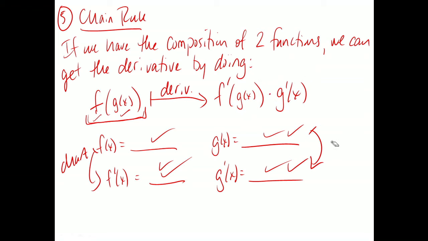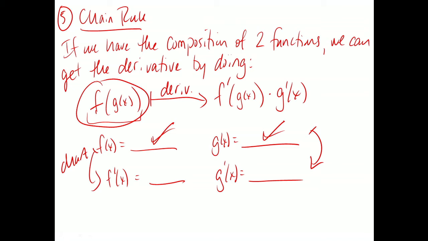And that's where the devil is in the details, because that's not always the most trivial thing to do. The reason this is the hardest rule is because just getting that setup is work. Identifying the correct f and the correct g to make the question look like this is some work just to get us set up.